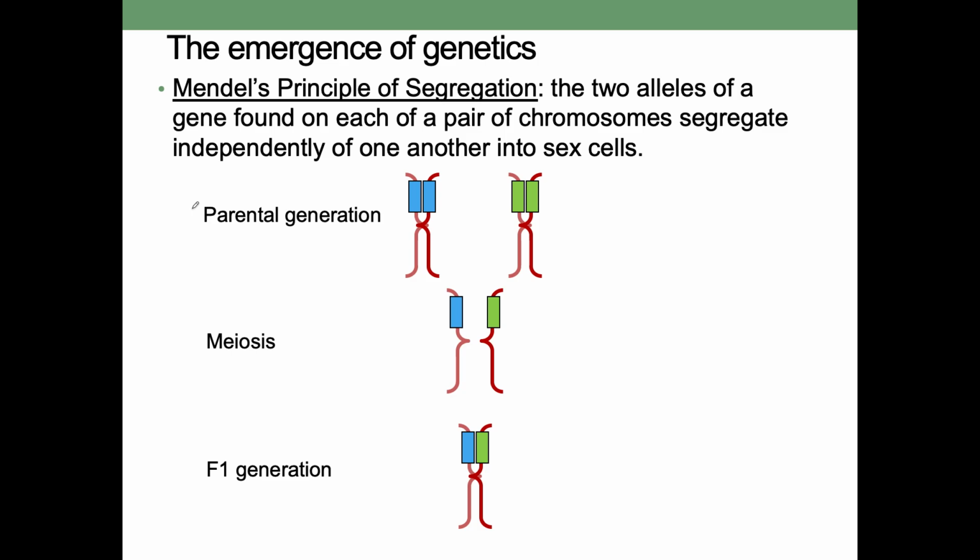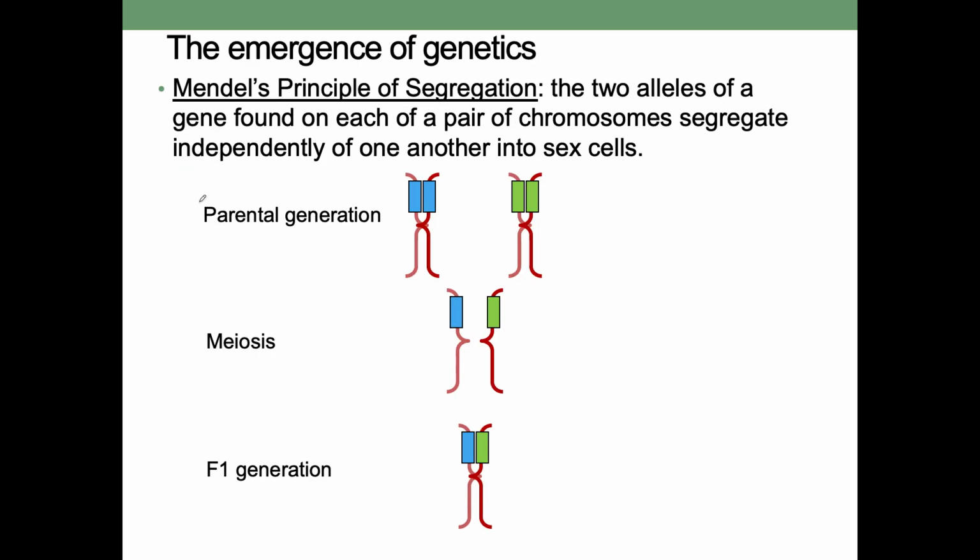From his work, he developed three different laws or principles, and this is one of them. This is Mendel's principle of segregation. The idea is that the two alleles of a gene found on those pairs of chromosomes segregate independently of one another into sex cells.